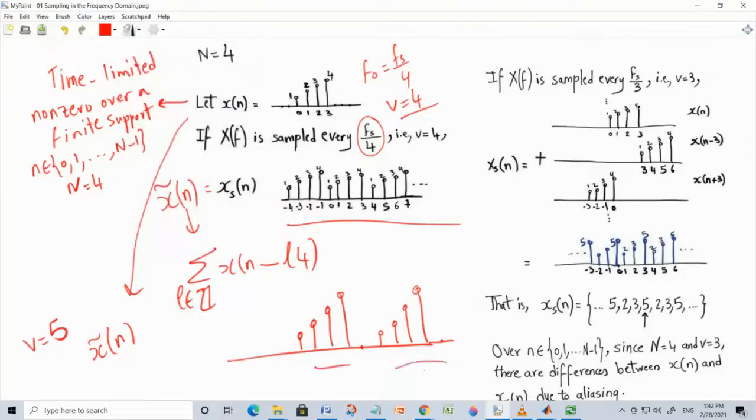The replicas will not interfere, and you will get those zeros here. What if v is equal to 6? No problem. Those replicas will get farther and farther apart from one another, but they never interfere with one another, because the signal has a finite support, and the shift has a value that is greater than or equal to N.